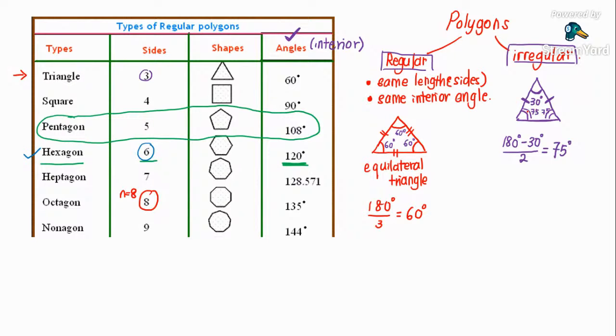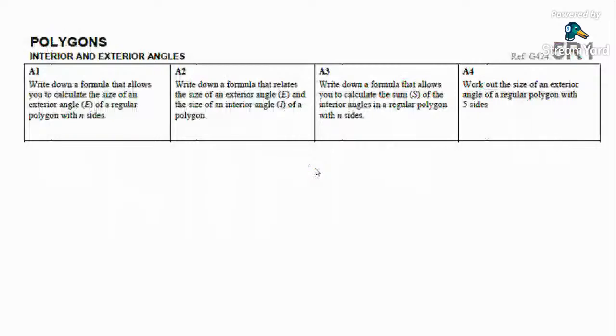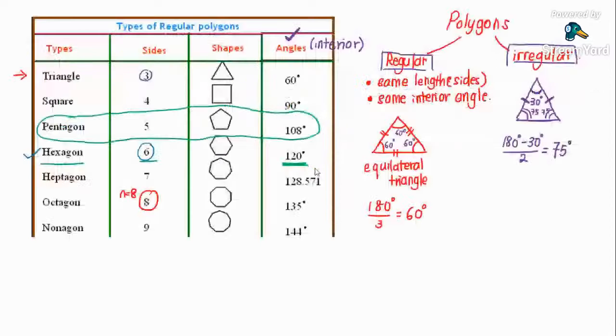Now everyone must know how to find the sum of the interior angles. What does it mean by sum of interior angles? I will draw an example here.